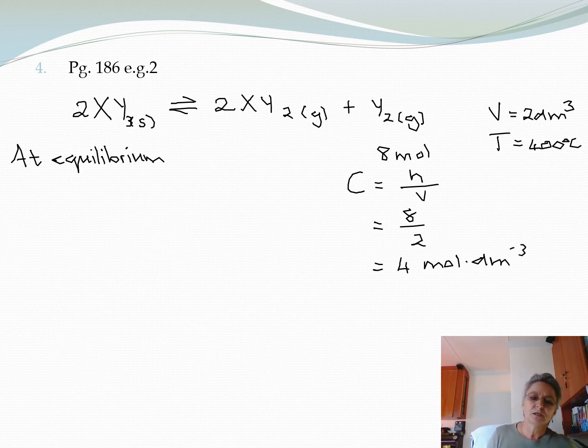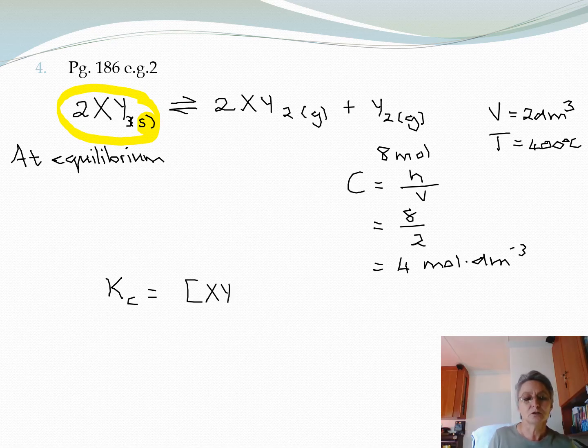The trick here is to see that XY3 is a solid, so it will not affect the Kc value, the equilibrium constant value. So our Kc expression is only calculated by using the XY2 concentration squared times Y2's concentration.